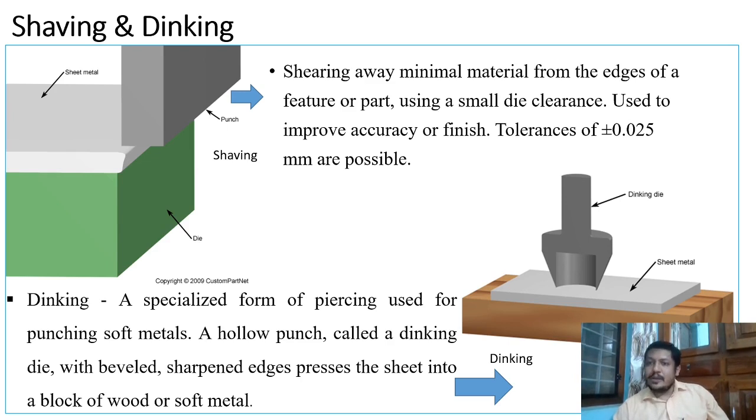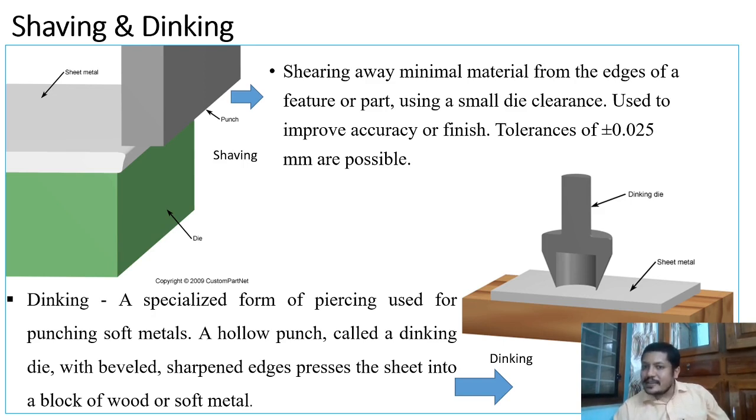Dinging is a similar operation done with the help of a dinging die, normally carried out on very soft materials. It is a piercing operation used for punching holes in soft material.